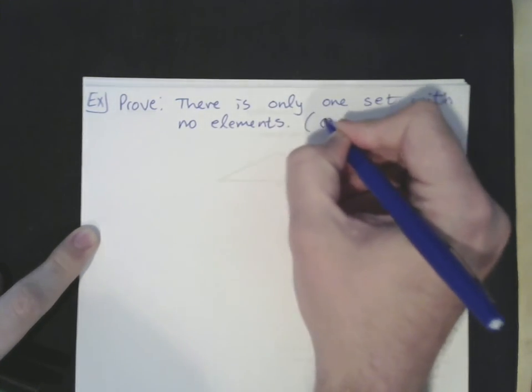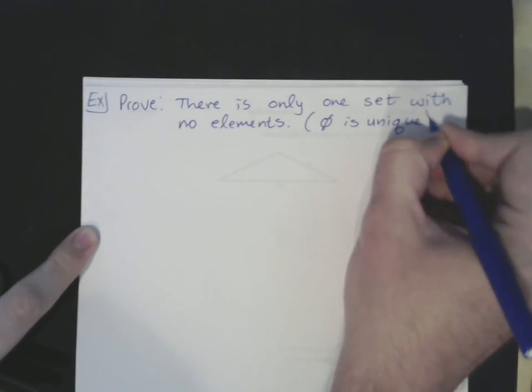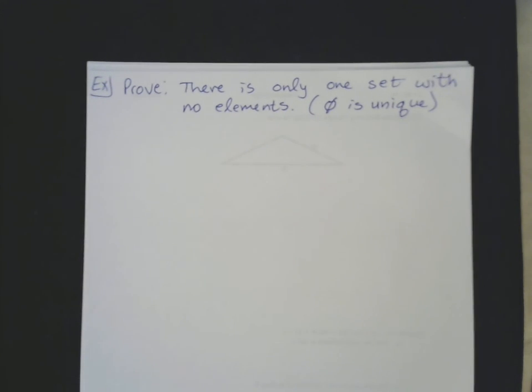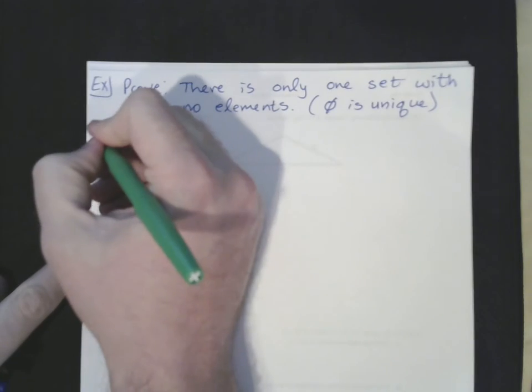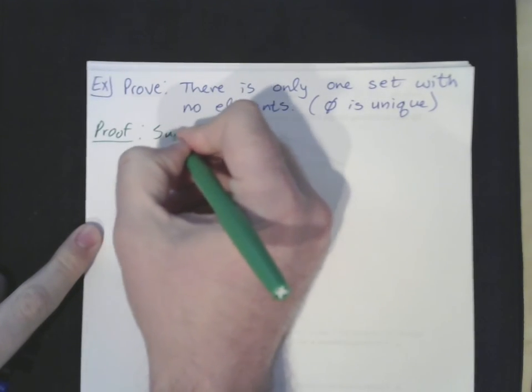And what this means is that our empty set is unique. There's not multiple empty sets, there's just the empty set. So we're going to do this one. Again, the empty set is hard to do things directly with because there's nothing to work with. So we're going to suppose not.